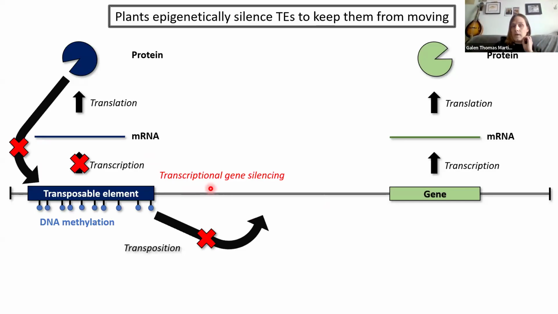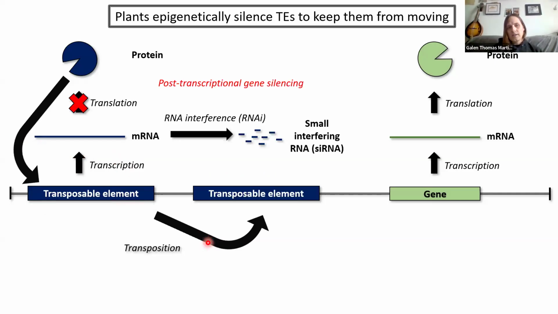Firstly, they do transcriptional gene silencing of those transposable elements, where they put repressive epigenetic marks onto the transposable element DNA sequences that prevent transcription and keep this process from happening. But they also silence transposable elements when they are transcribed, post-transcriptionally, through RNA interference. And in this pathway, the transcripts are broken down into small RNAs, 21 to 24 nucleotide small interfering RNAs.